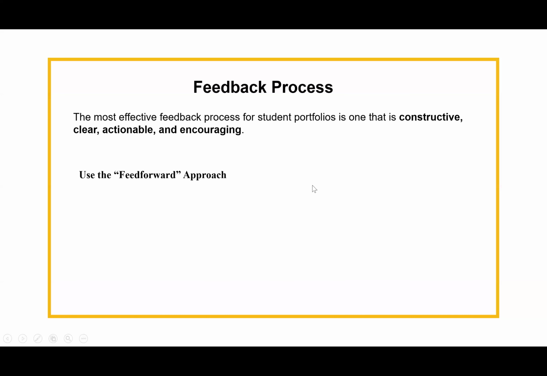So first of all, if we talk about the feed forward approach, which is the most useful approach for feedback, instead of just pointing out what needs to be improved, the teacher will give suggestions. This is the feed forward approach. So the teacher will tell students to focus on what they need to improve.